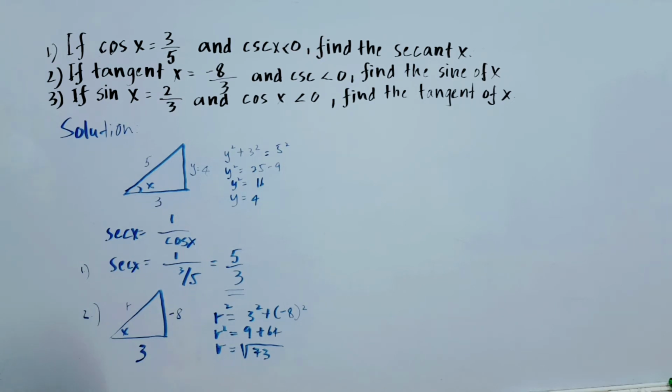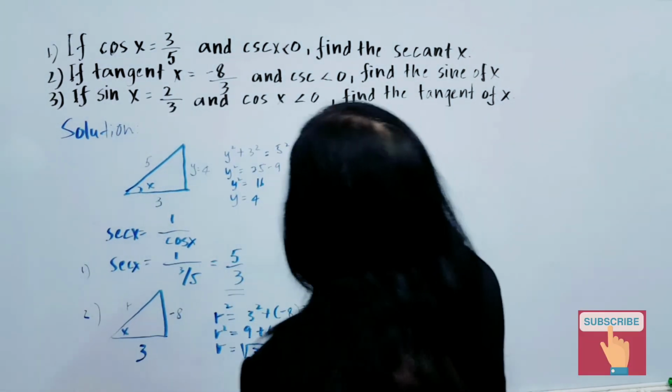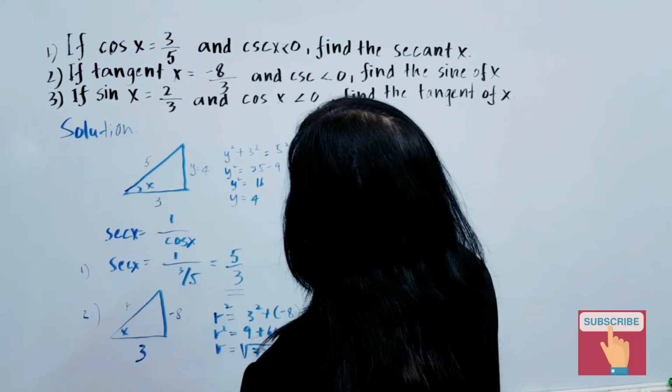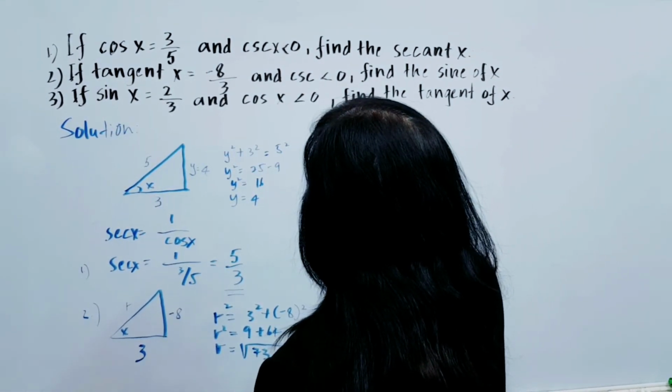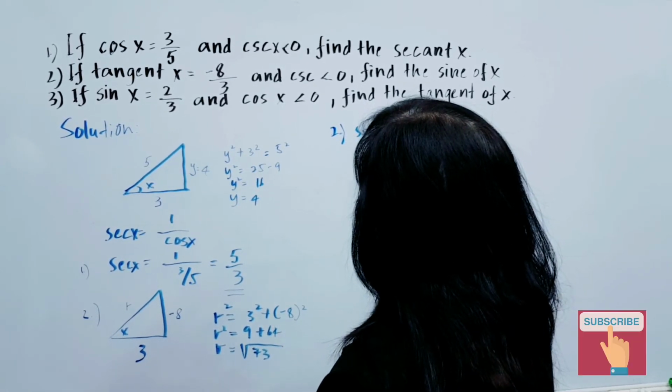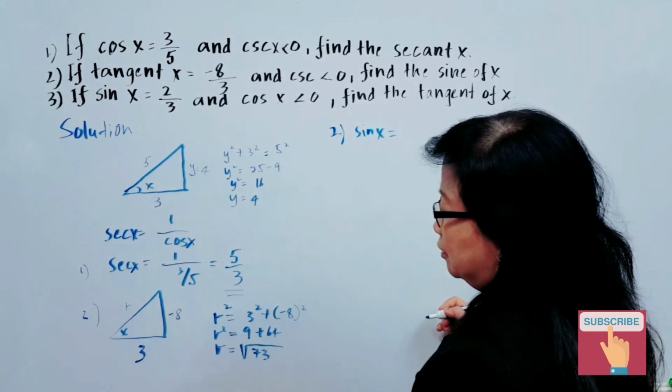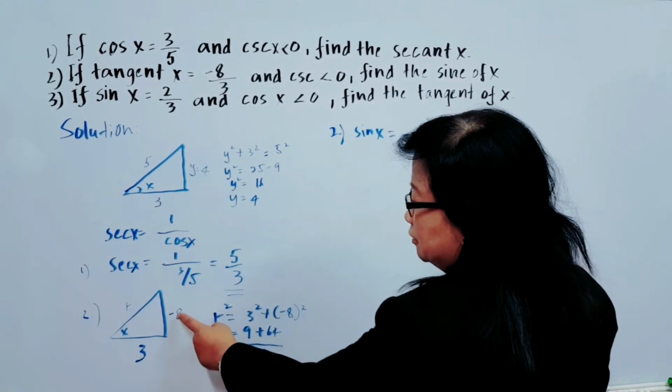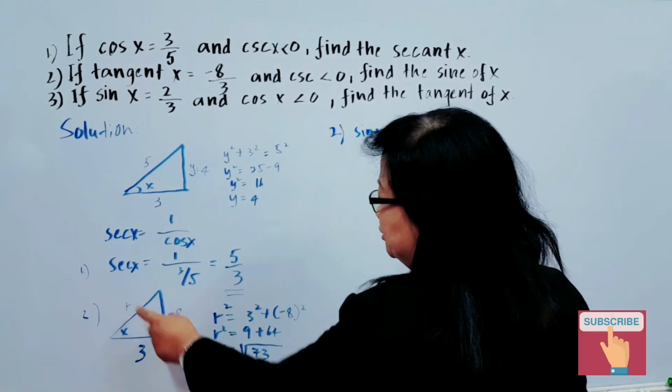Therefore, sine of x is equal to the opposite over the hypotenuse.